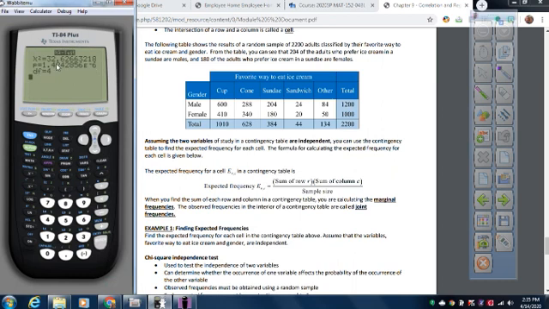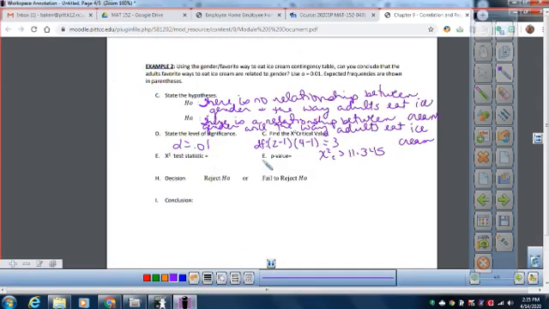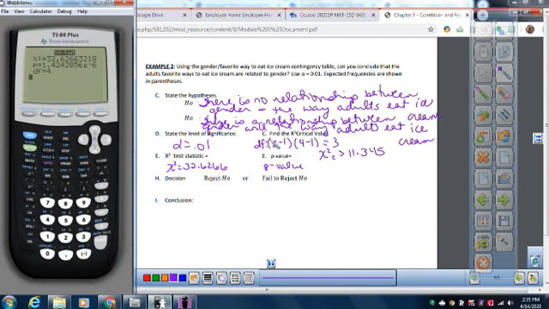There's your test statistic, 32.6266. P-value is approximately 0.